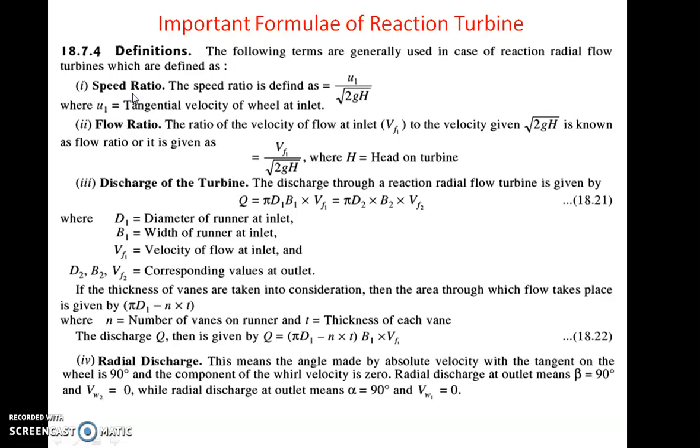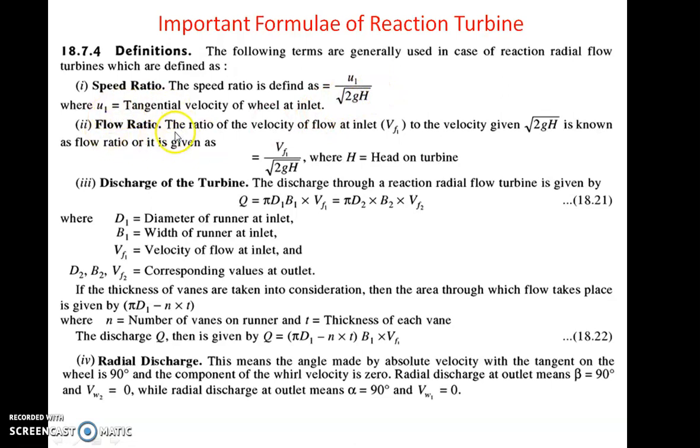So there is a speed ratio directly. The definition is the same. It is U1, that is the inlet runner velocity, divided by root of 2gH, which is called the theoretical velocity. It's only a general term given. So the speed ratio definition will remain the same: U1 by root 2gH at inlet condition.